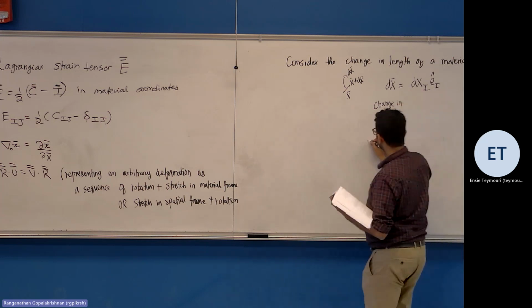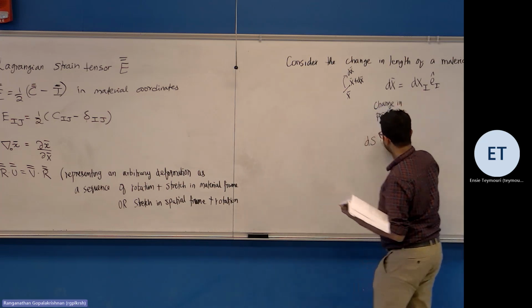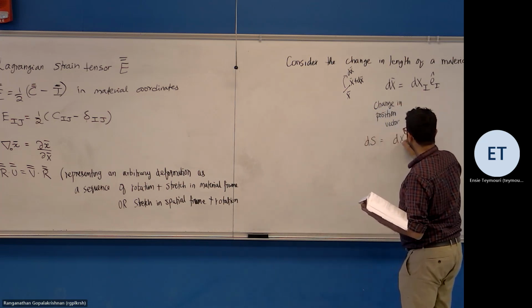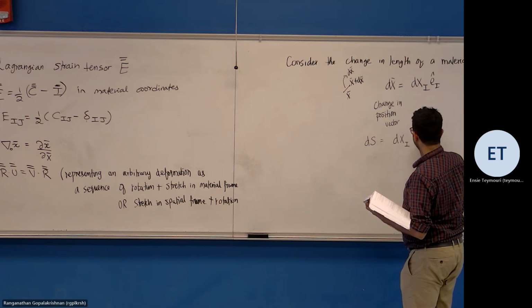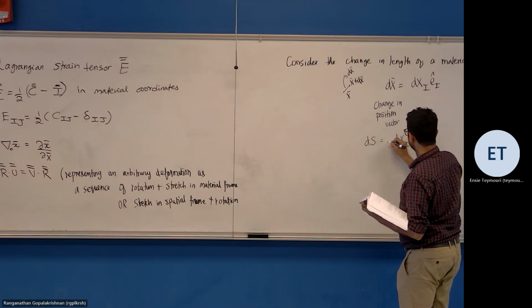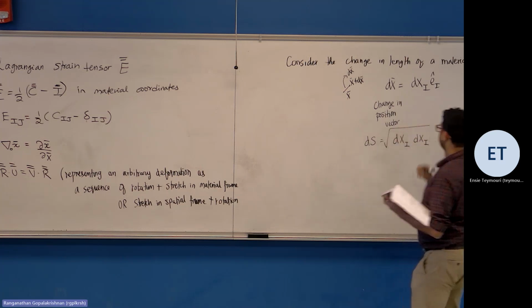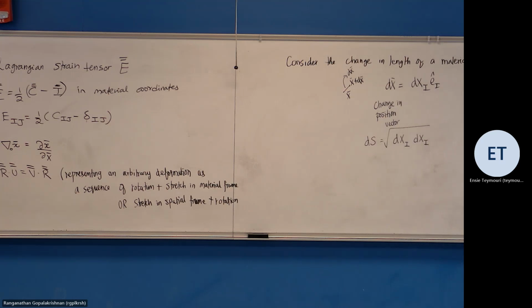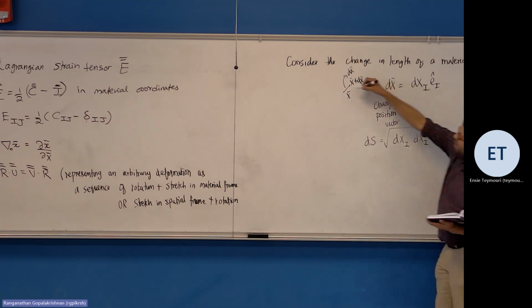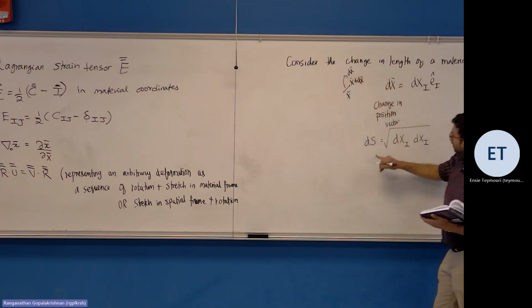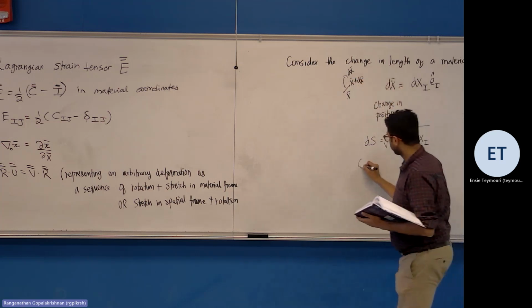The change in length ds would be the square root of dXi dXi, right? It is the magnitude of this dx vector, that is what we call change in length.